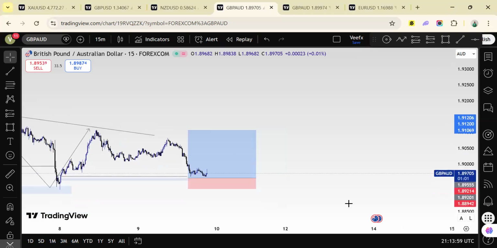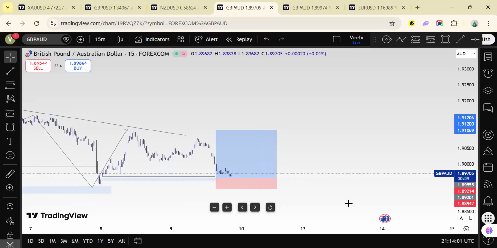First of all, before you pick a POI, which is a point of interest, there are rules or criteria that you need to see in the market in order for you to know if you are picking the right or correct POI, which is your entry.